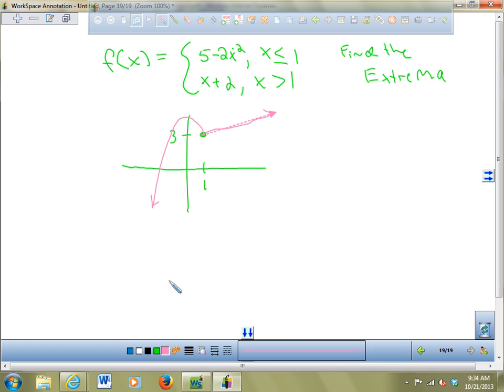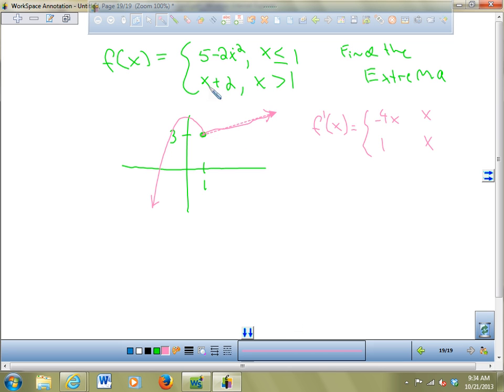Okay. So based on this, now I'm going to take the derivative, all right? And so f prime of x looks like negative 4x if x is something, and it looks like 1 if x is something else, okay?